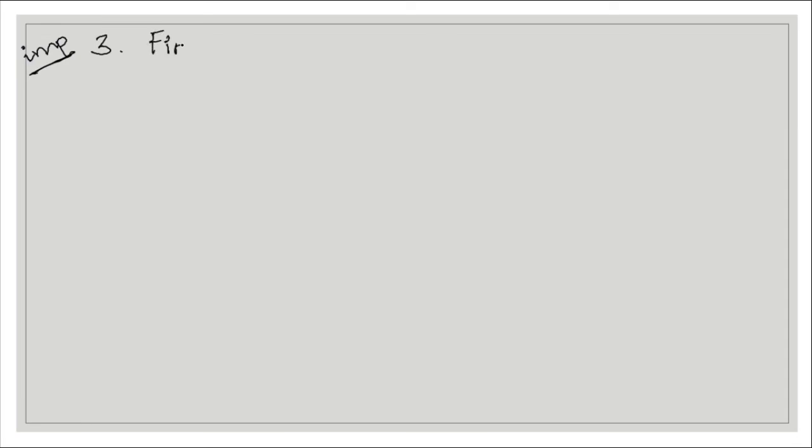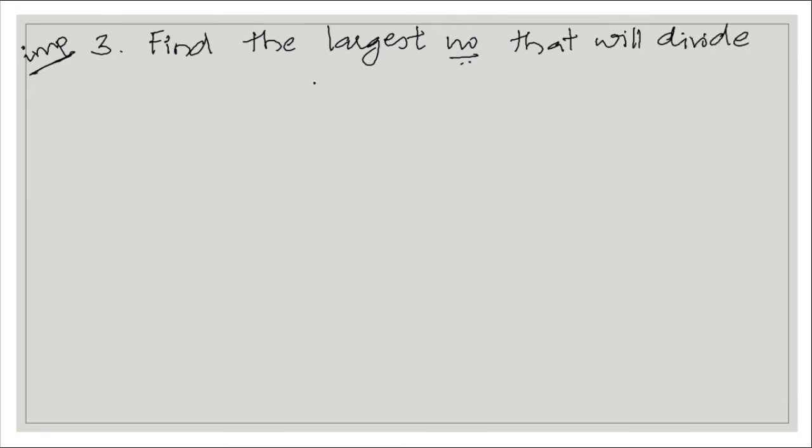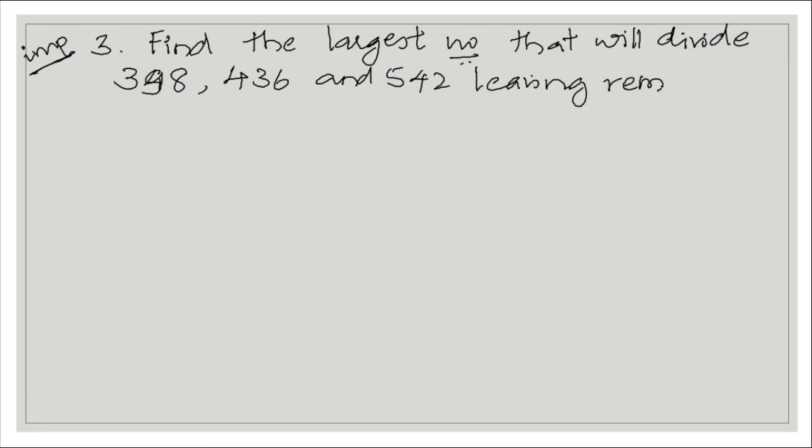Find the largest number that will divide 398, 436 and 542, leaving remainders 7, 11 and 15 respectively.